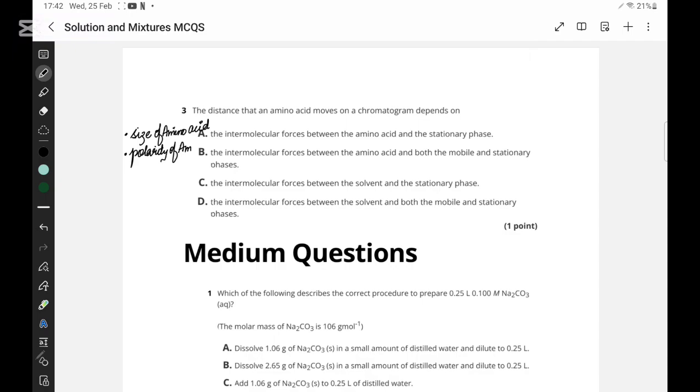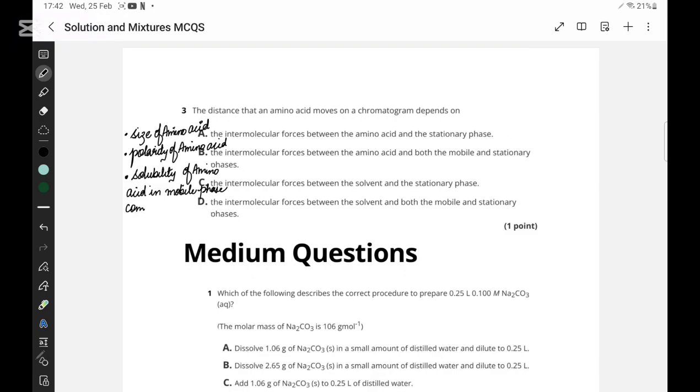If it is more polar, then it can travel further. Third is the solubility of amino acids in the mobile phase. If it is more soluble in the mobile phase, then it can travel further.